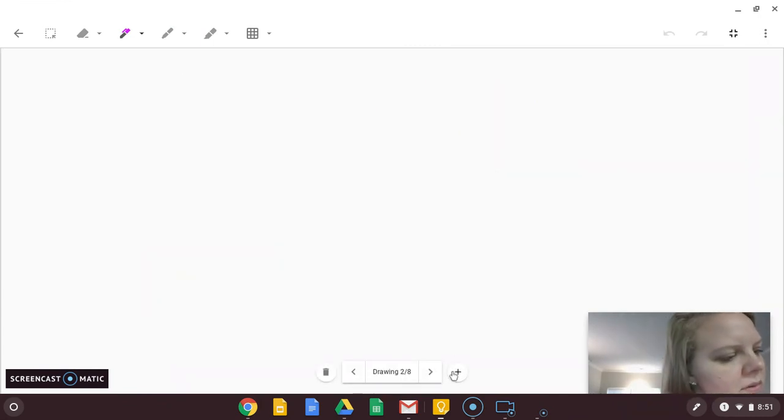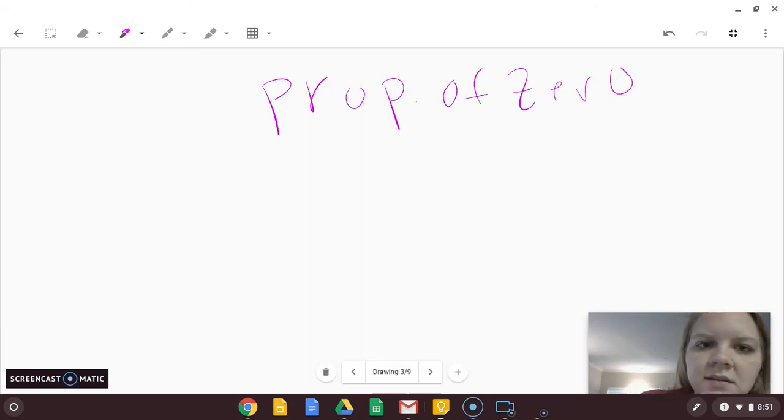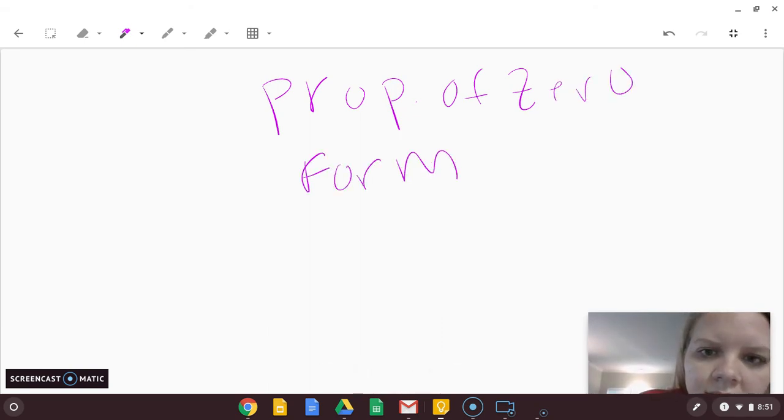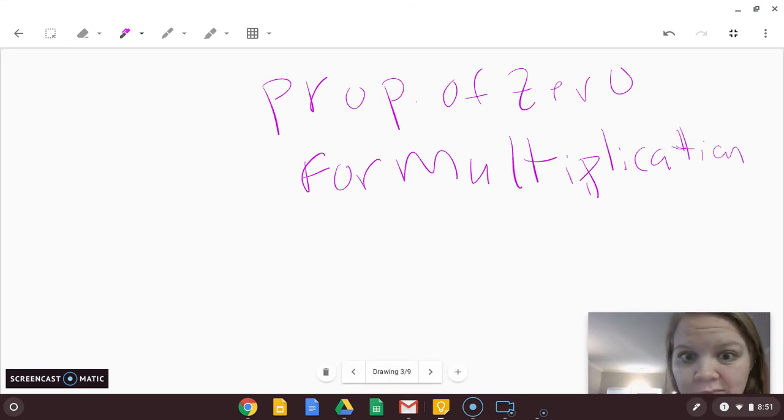Okay, and now we have some more multiplication properties. We have the property of 0. This one's fun. We had something like this earlier. For multiplication, all this is, anything times 0 is 0.